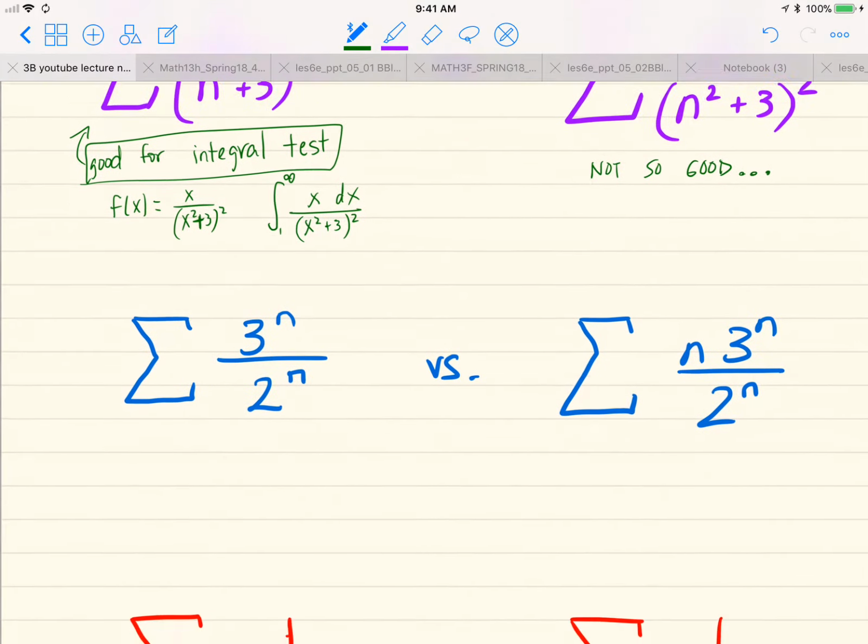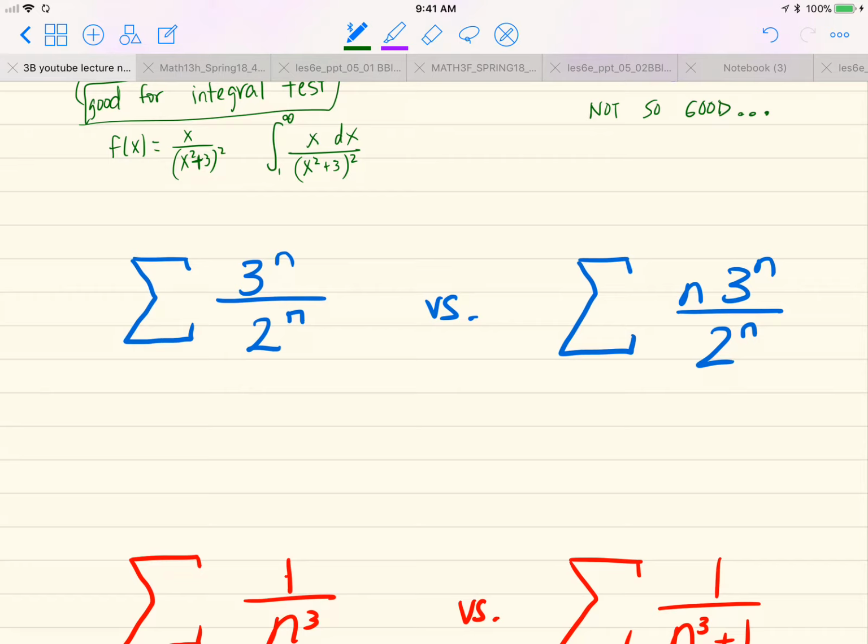Okay, let's look at this second example. The first series is good for what? What test would we use to determine if it converges or diverges? You got it, the geometric series test, because this is a geometric series with ratio 3 over 2.